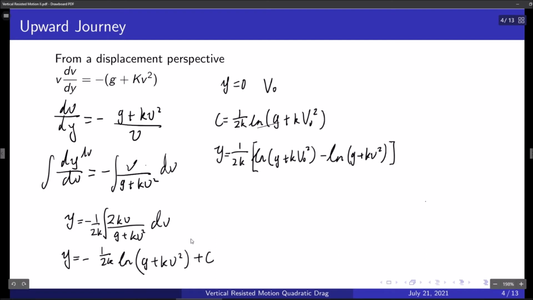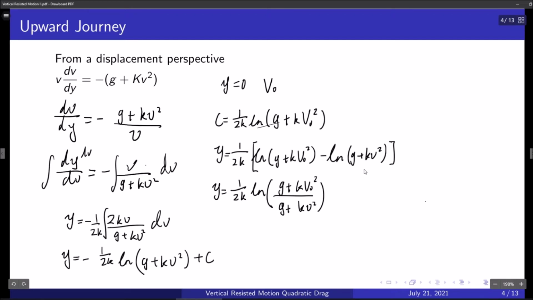Of course, you can just write y equals 1 over 2k log, because you are subtracting two logs, you can write them as a division. So g plus kv0 squared over g plus kv squared.